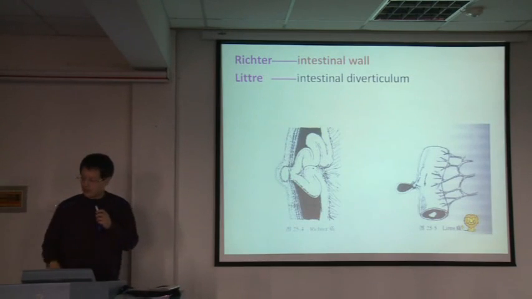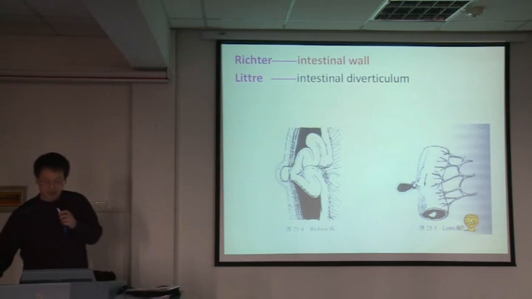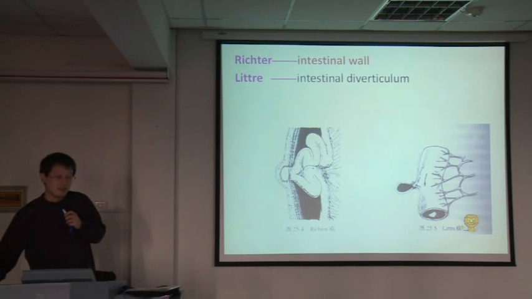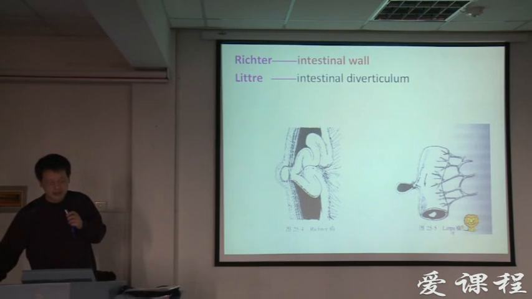And then another two easy and also very important terms. One is Richter's hernia. Richter's hernia means sometimes the contents of the hernia are part of the intestinal wall. And another is Littre's hernia.